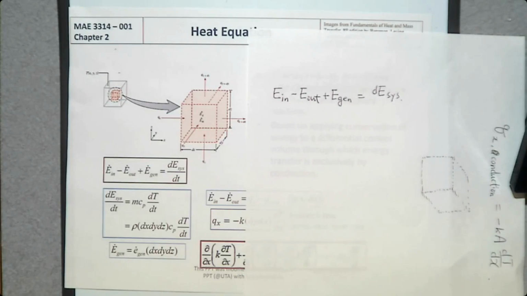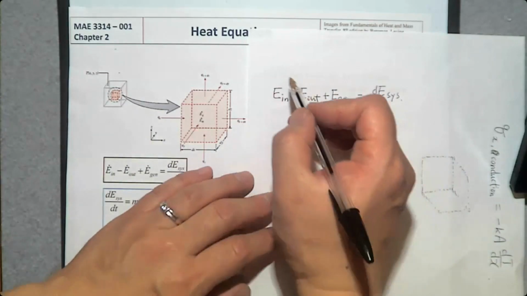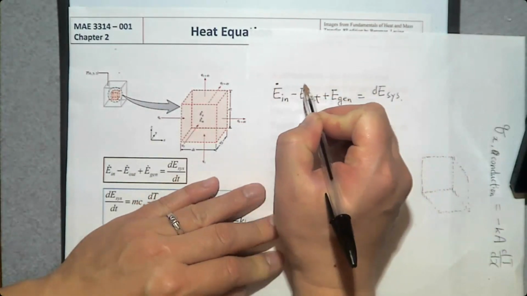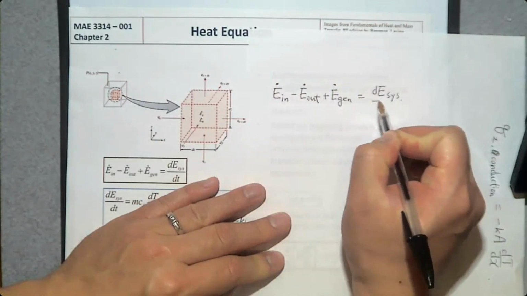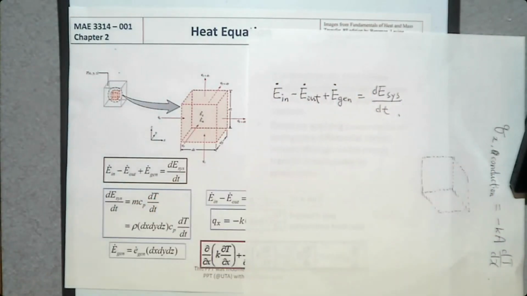In heat transfer, we study the rate of energy transfer, not just energy transfer. Then what is the rate of energy transfer? We can divide by time. So we put that on top of it and divide by time, dt. So this is the energy balance equation for this cube.